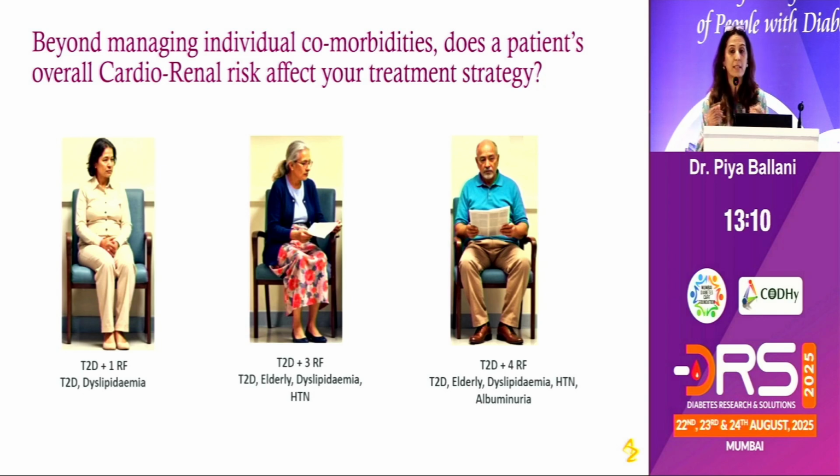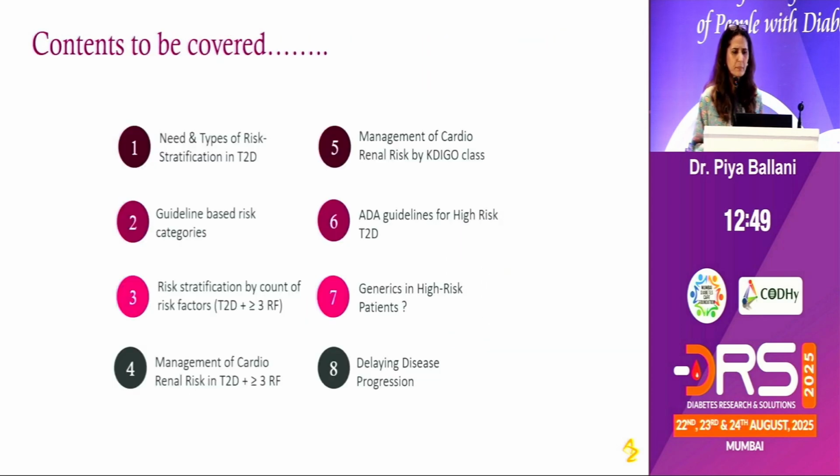Add to that mix a third or even a fourth risk factor, if albuminuria, for example, comes into this, the level of risk becomes exponential. This subset of patients needs that extra recognition, that extra care, and more aggressive management as well.